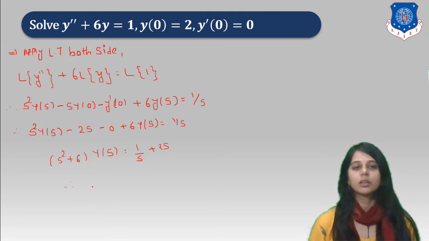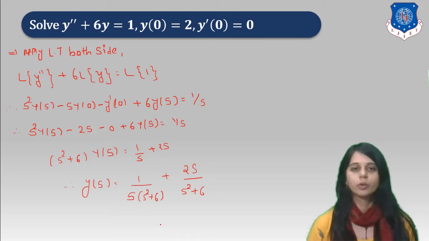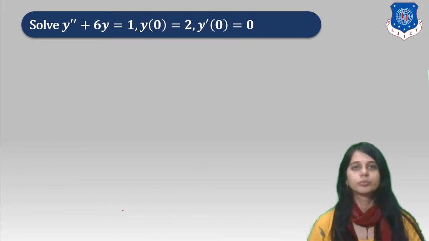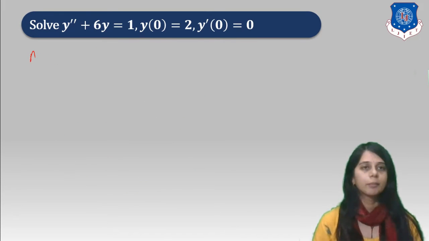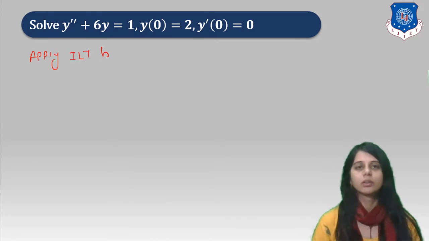Now we create the subject as y of s: 1 upon s into s square plus 6 plus 2s upon s square plus 6. Okay. Now apply inverse Laplace transform both sides.